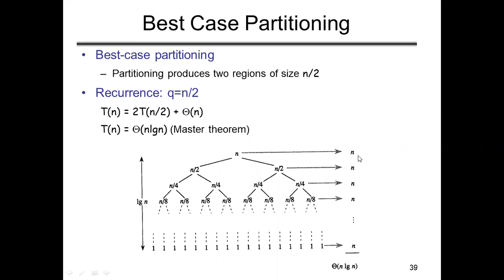At each level, you can take n. So finally, it is theta of n log n, since the height of the tree is log n, and for combining all these elements, it is n. So finally, the time complexity in the best case is theta of n log n.